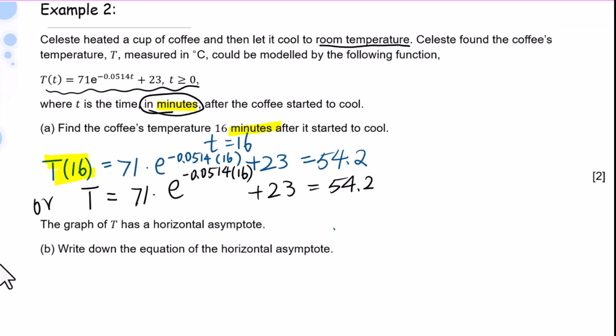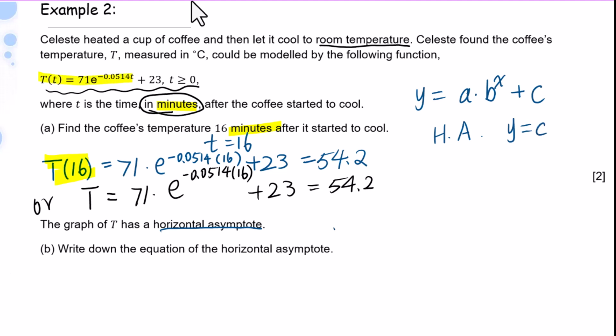The graph of T has a horizontal asymptote line. Write down the equation of the horizontal asymptote line. We do know for exponential function y equals a times b to the x power plus c, then horizontal asymptote line is y equals c.